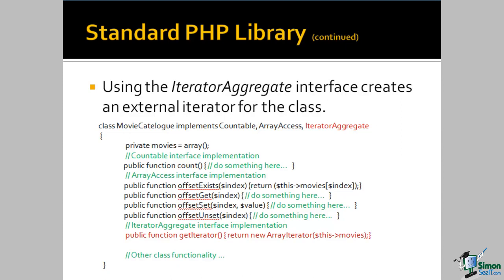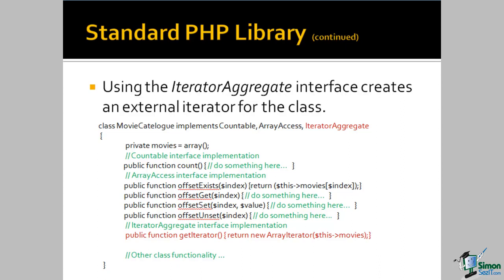And in this case, we've defined that as returning an iterator object of type ArrayIterator that is initialized with the array movies. So the IteratorAggregate interface allows us to create an external iterator for our class.